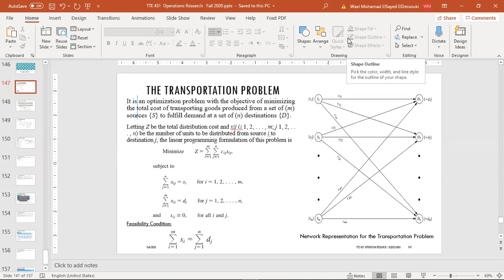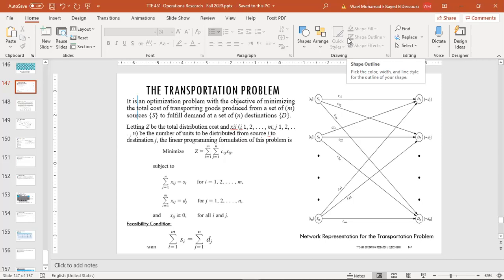We call this the uncapacitated transportation problem because there is no limitation on the capacity of the link. That means Xij is unlimited. You can send whatever amount you want from i to j. This is called the uncapacitated transportation problem.